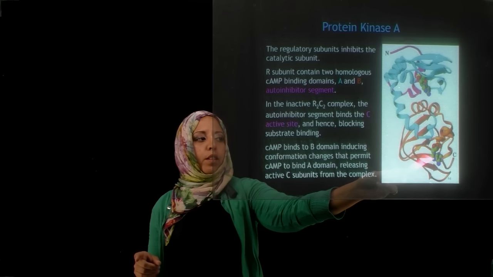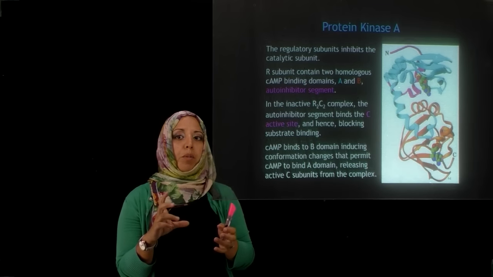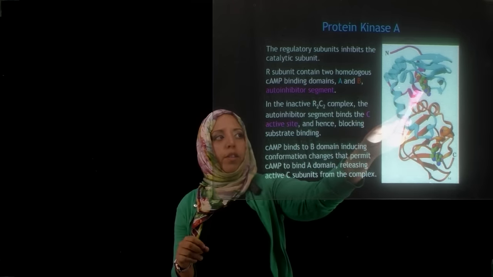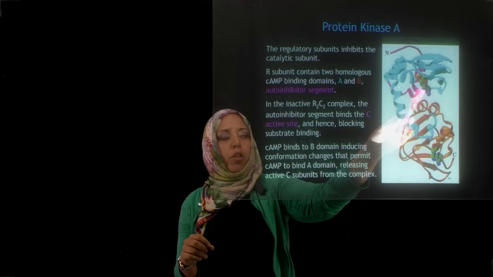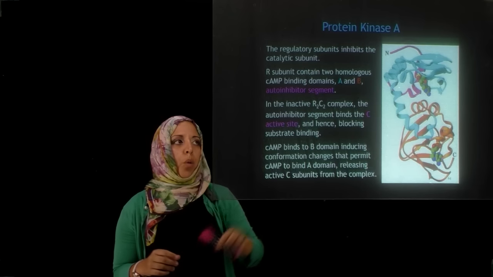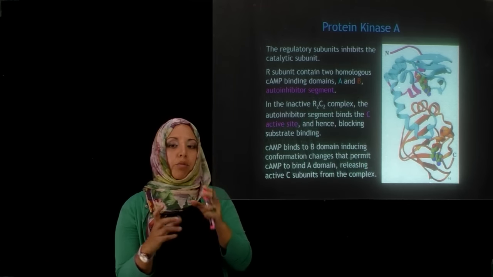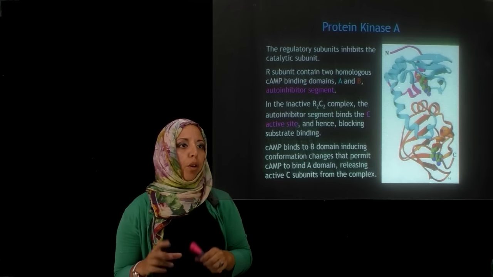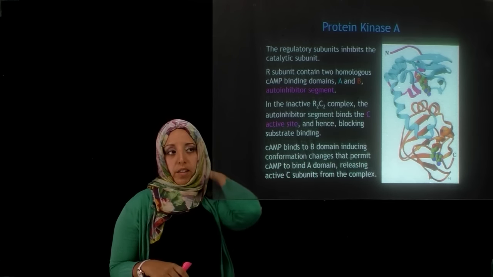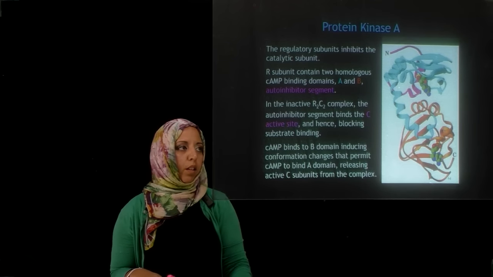Once that particular cyclic AMP molecule is bound, the regulatory subunit undergoes conformational changes, which allows another cyclic AMP molecule to bind to the N-terminal domain of the same regulatory subunit, which then in turn releases that autoinhibitor segment from the active site of the catalytic subunit, and then the substrate can bind, right? Okay.